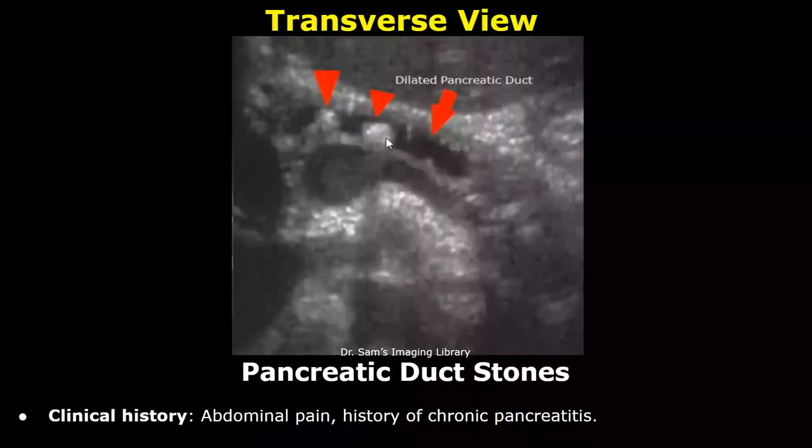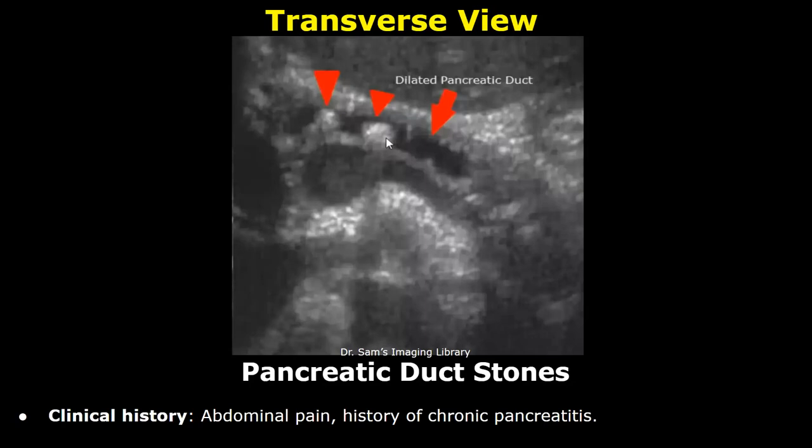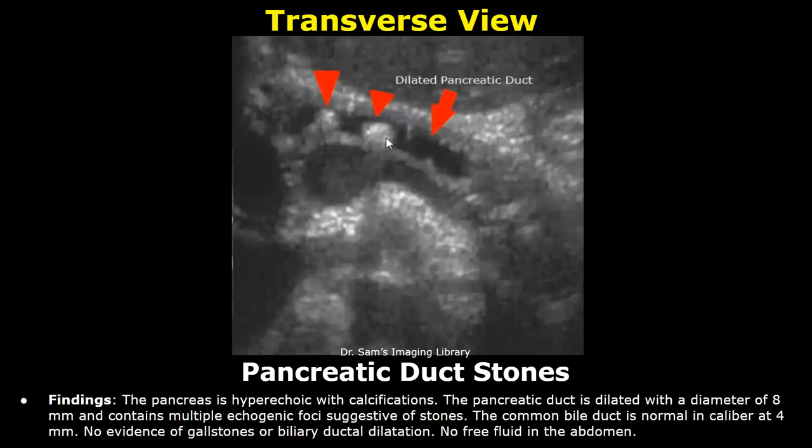Now we will talk about pancreatic duct stones. The clinical history was abdominal pain and history of chronic pancreatitis. In the findings, you can write about the hyperechoic pancreas with calcifications. The pancreatic duct is usually dilated.